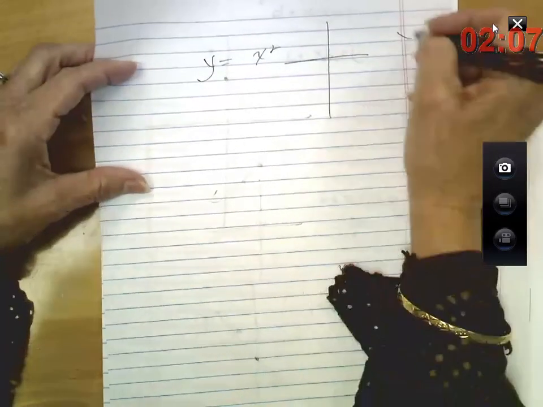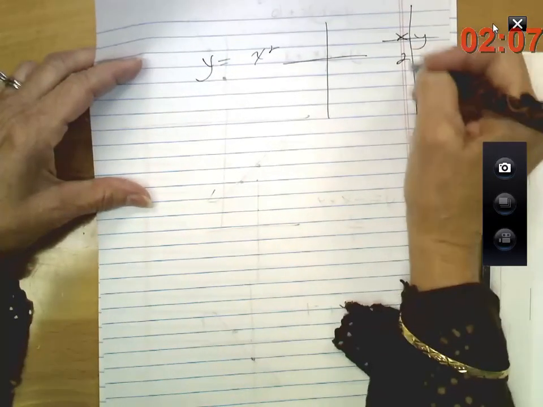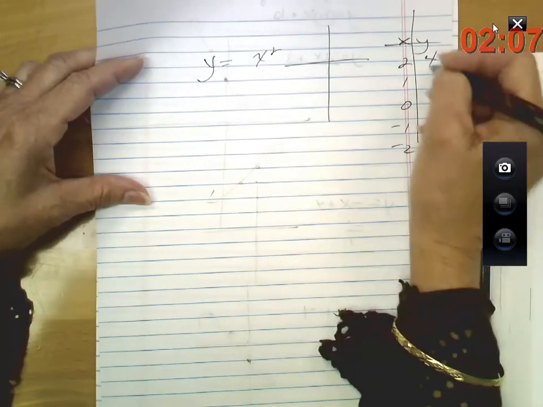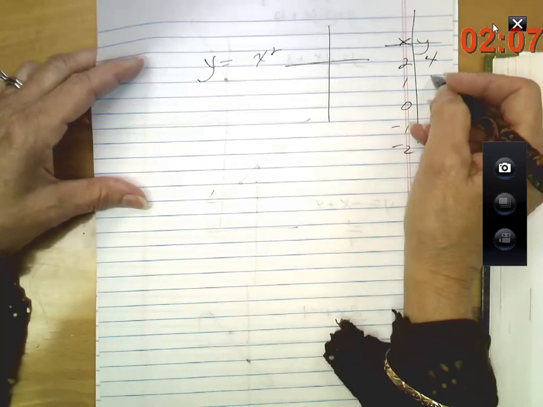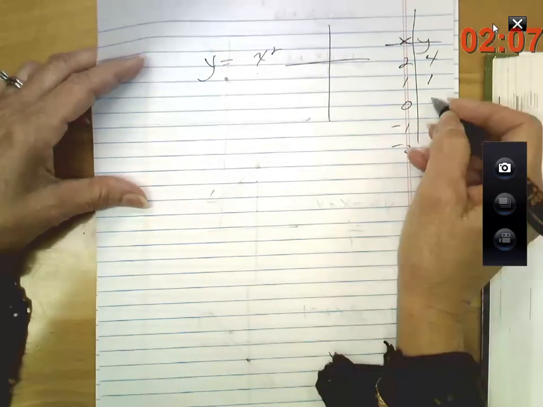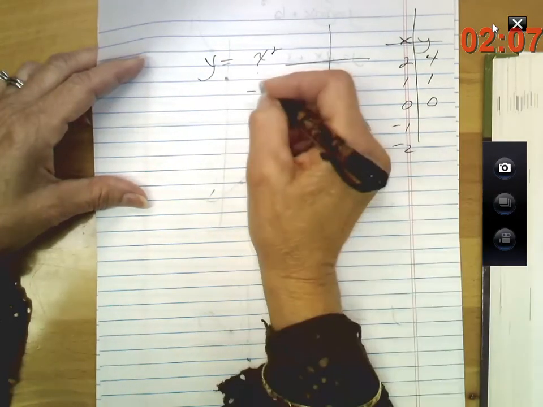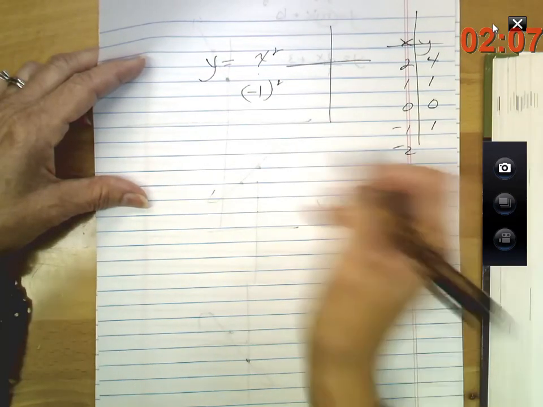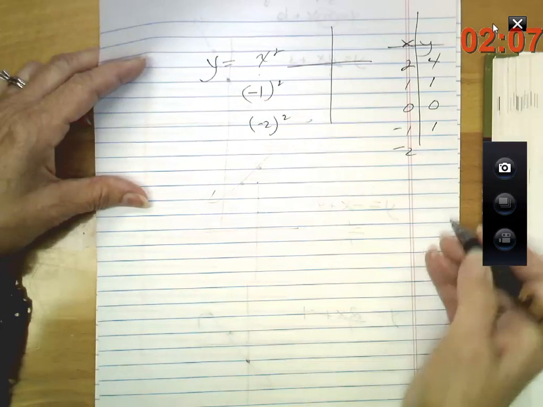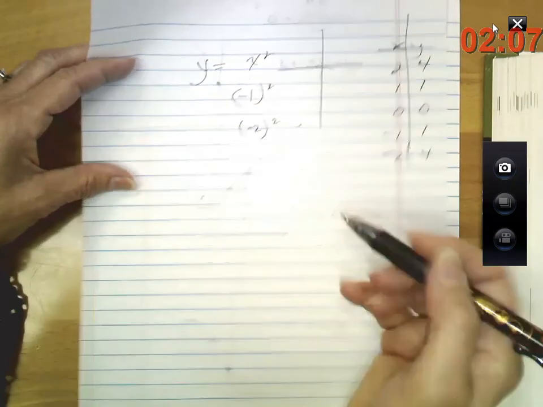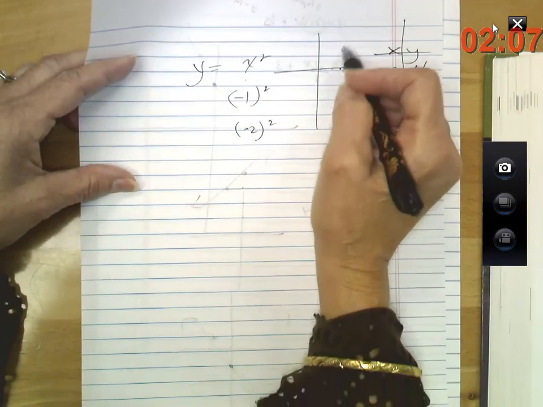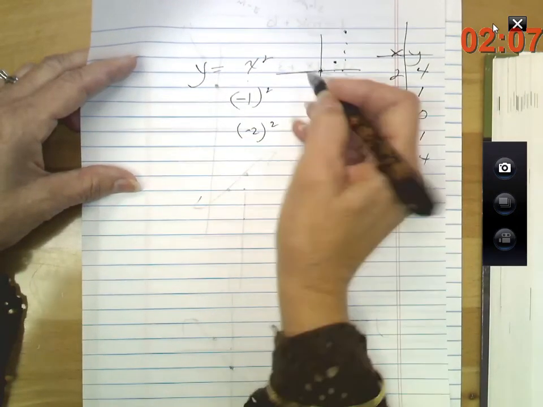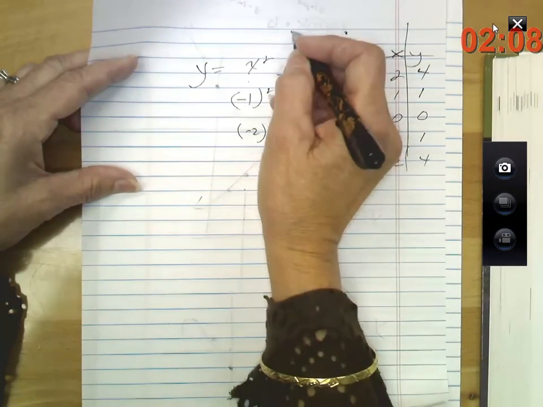Okay, if I did an XY chart on that, and I did 2, 1, 0, negative 1, negative 2, 2 squared would be a 4, 1 squared would be a 1, 0 squared would be 0, a negative 1 squared would be 1, a negative 2 squared would be 4. So when I graph that, I'd go 1, 2, and then 1, 2, 3, 4. I would go 1, 1. I would go 0, 0, negative 1, 1, negative 2, 4.